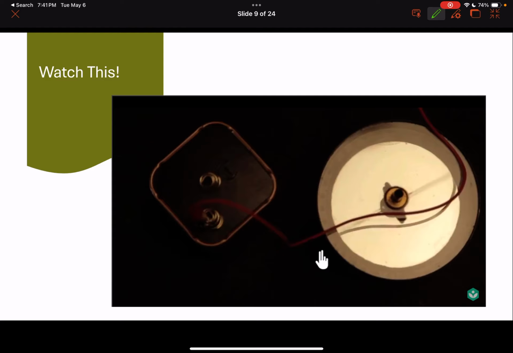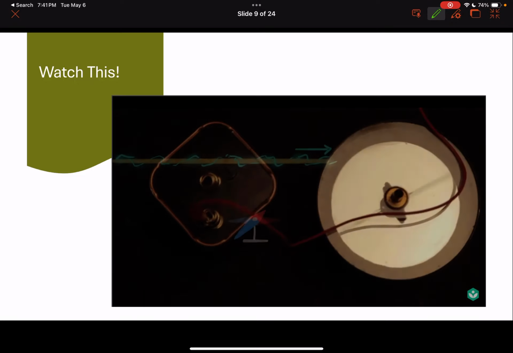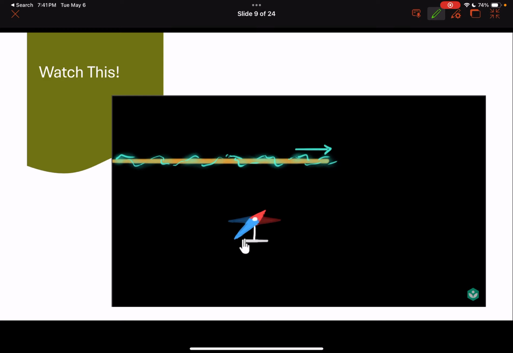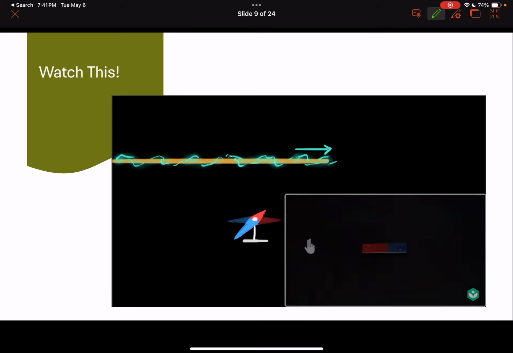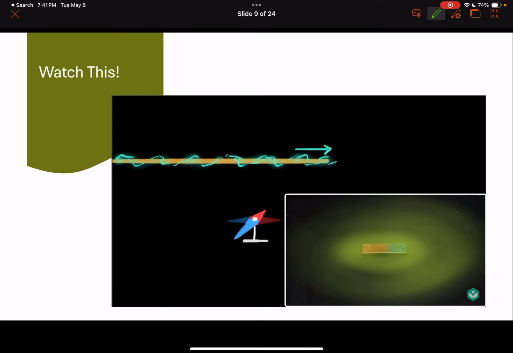But more importantly, this experiment led us to a huge discovery. What discovery, you ask? Well, let's think about this. What can push on a magnetic compass? Magnetic fields. We've seen before that magnets can create magnetic fields, and when you bring a tiny compass in the vicinity of it, the magnetic field pushes on that compass.